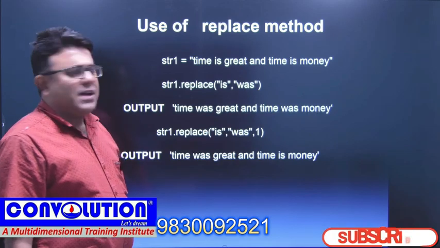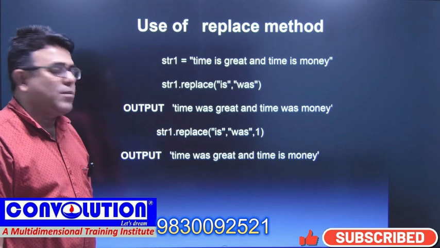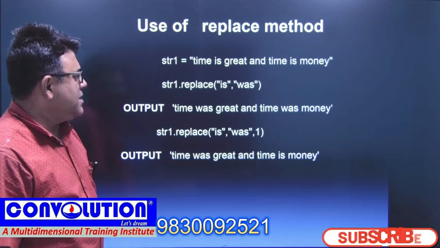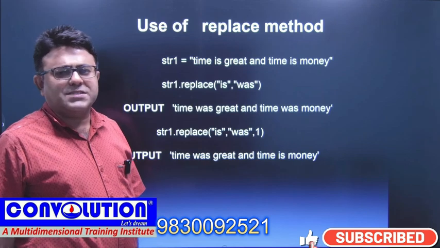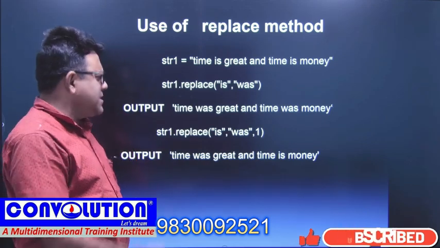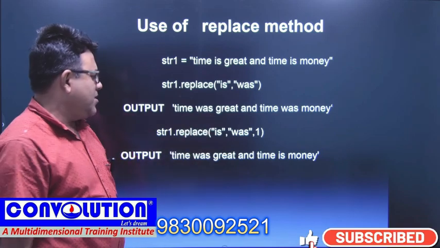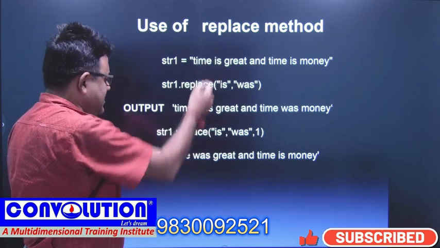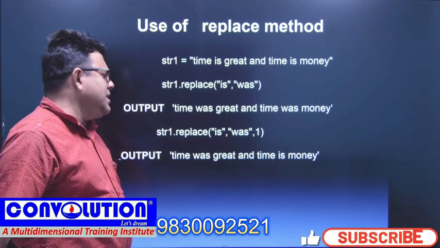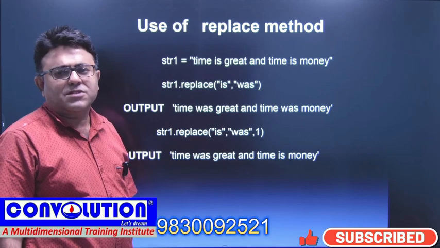Next, I'm sharing another example like this: str1 dot replace is comma was comma 1. Now what is the significance of this 1? If you look at the first example, every is being replaced by was. But in this case, only the first is going to be replaced, because I said 1. 1 means it will replace only the first occurrence of is with was.